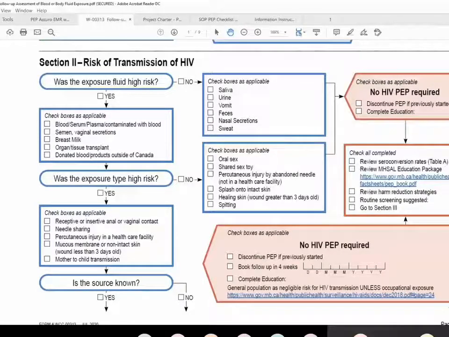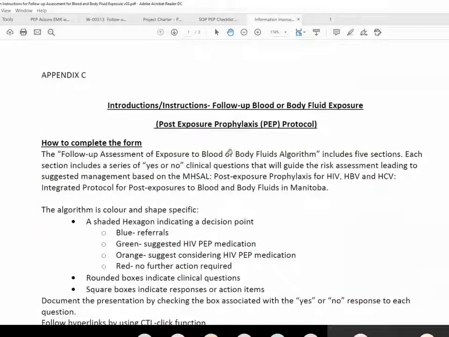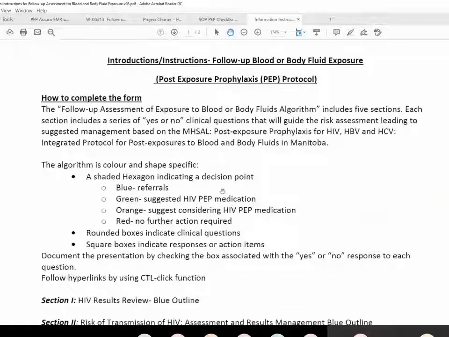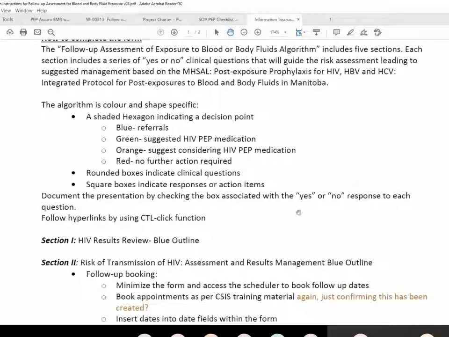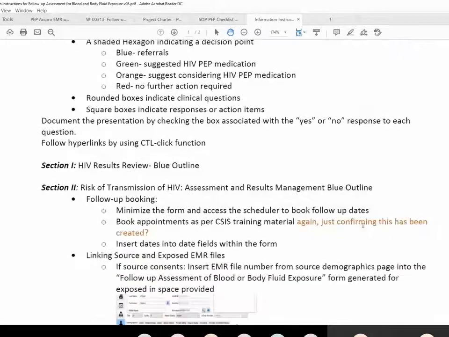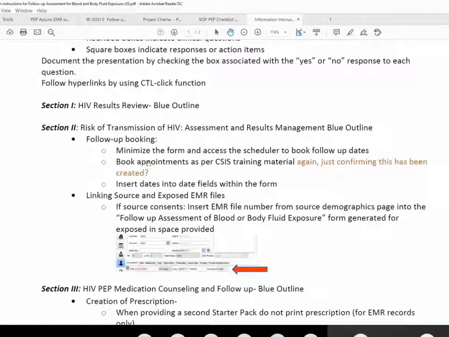I would like to go back to the guideline. Appendix C in the guideline is an instruction follow-up sheet, a how-to in completing the form. Much of what we've talked about today is there: the different colored boxes, the rounded boxes, the squared boxes, the hexagon boxes, what they mean, how to document, checking off yes or no in response to each of the questions, how to follow the links found in there, and then section by section.